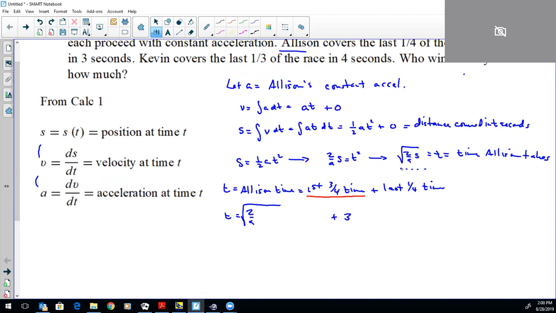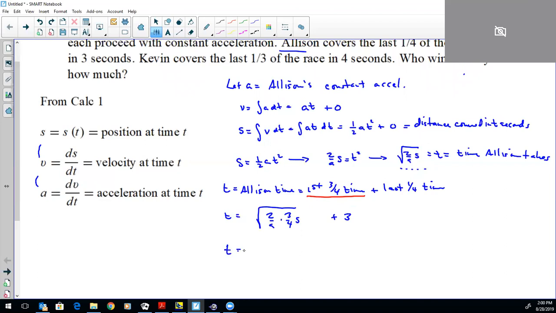You're not covering the whole distance, you're covering 3/4 of the distance. Allison's time is the square root of 2 over A times s. And if we're only doing 3/4 of the track, then it's 2 over A times 3/4 of s.